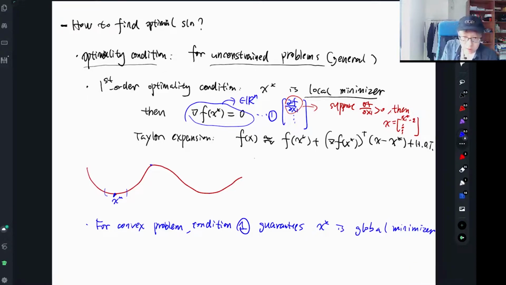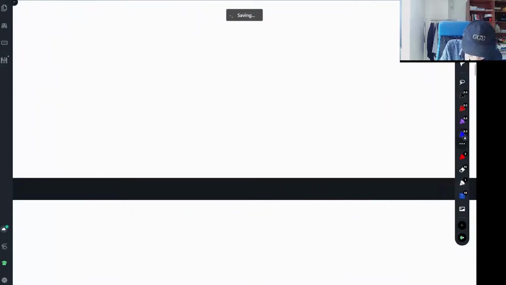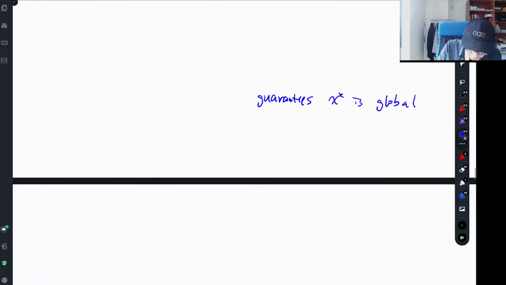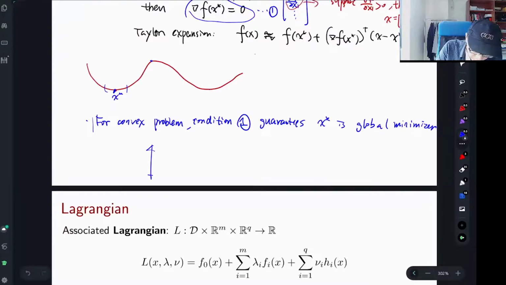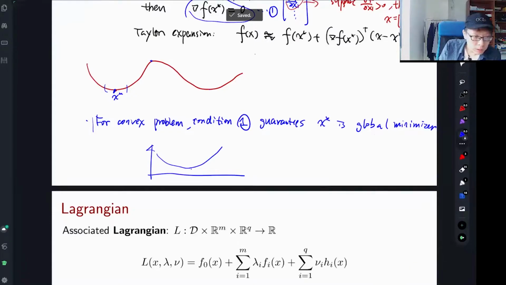Not only local, it's also global, and it's not possible to be a maximizer. It's only possible to be a minimizer. That's the important thing for a convex problem. We can think about this as a fact. You can also see that from the figure. Maybe that's a convex function: if it satisfies gradient equal to 0, it has to be a local and also global minimizer.